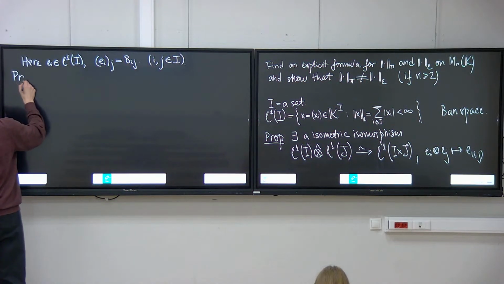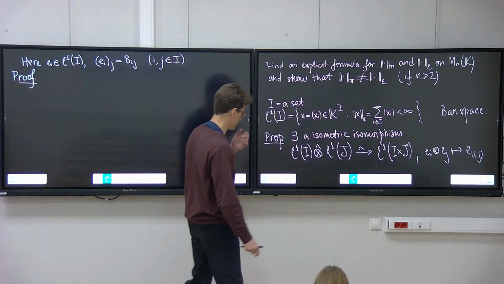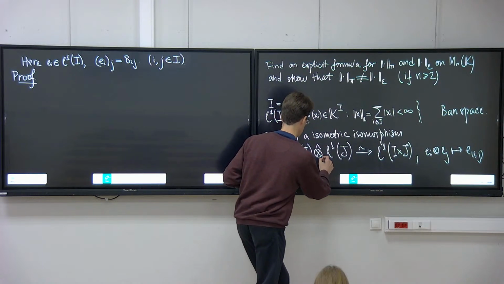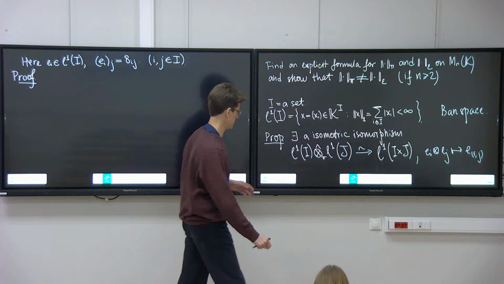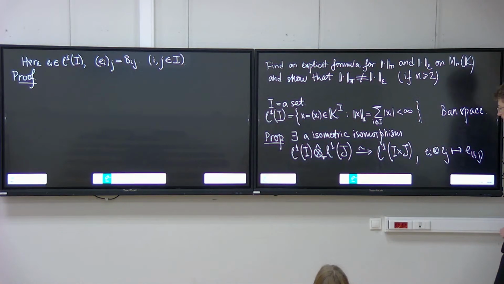Okay, let's prove the result. We will use the universal property of the projective tensor product. Sorry, I forgot to explicitly denote this projective tensor product by a little pi.